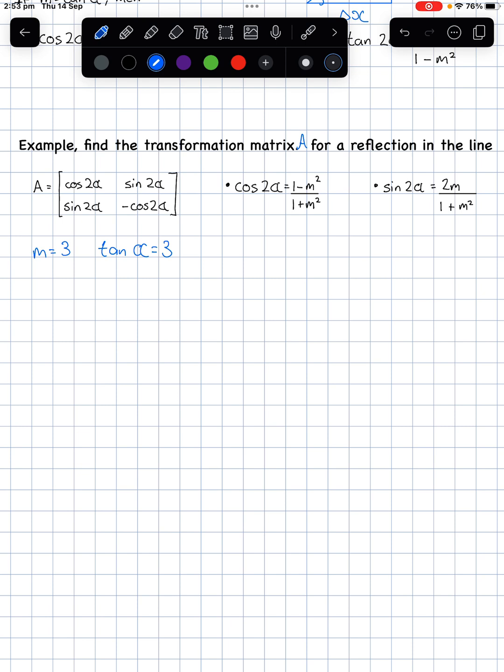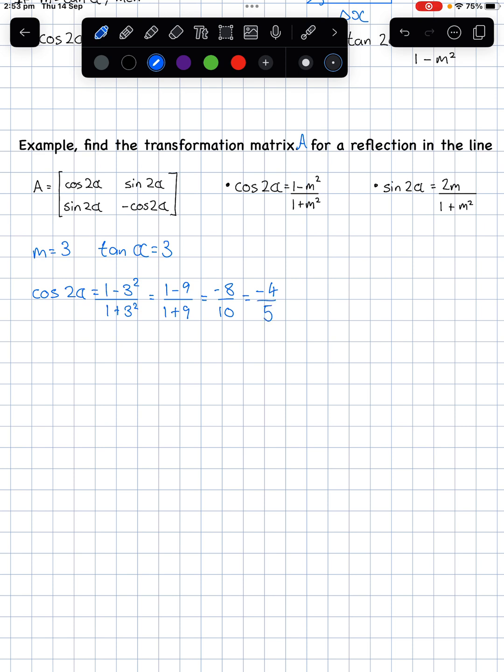So for our transformation matrix, cosine 2 alpha means we're looking at 1 minus 3 squared over 1 plus 3 squared, using the identity up here. 3 squared equals 9, so we've got 1 minus 9 over 1 plus 9, which gives negative 8 over 10, which is negative 4 over 5.